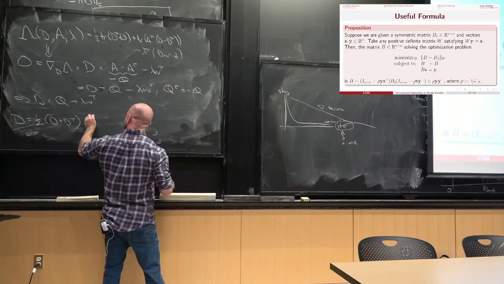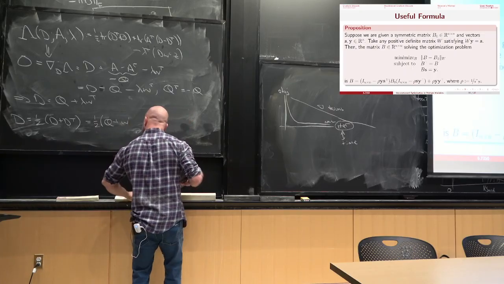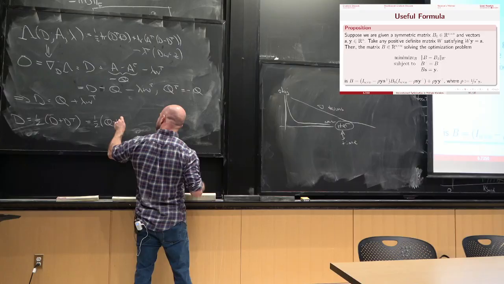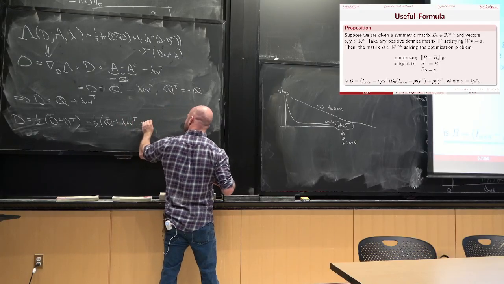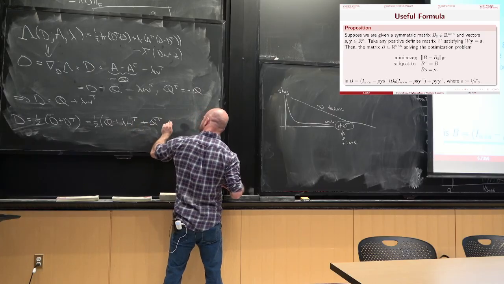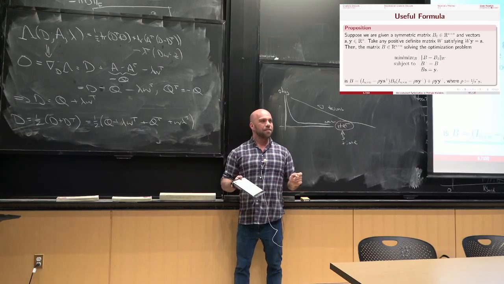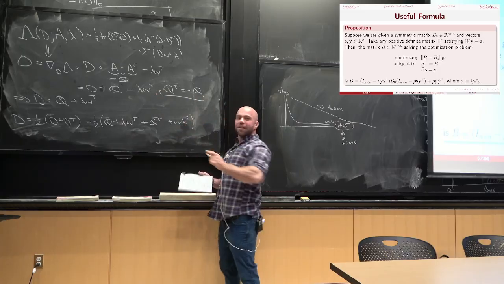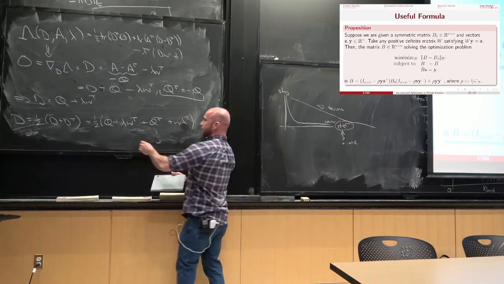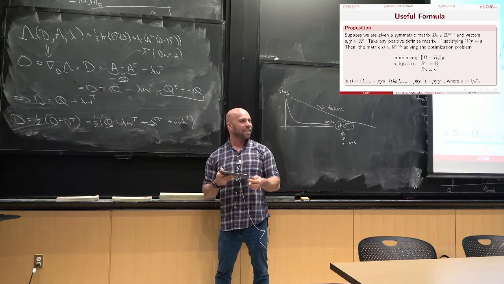Well, I have 1/2 Q plus lambda W transpose, and now I have D transpose, so plus Q transpose plus W lambda transpose. Now, remember, Q transpose is minus Q. We've got a Q and a Q transpose, so those two terms actually cancel. So this is just a sneaky way of killing a term.